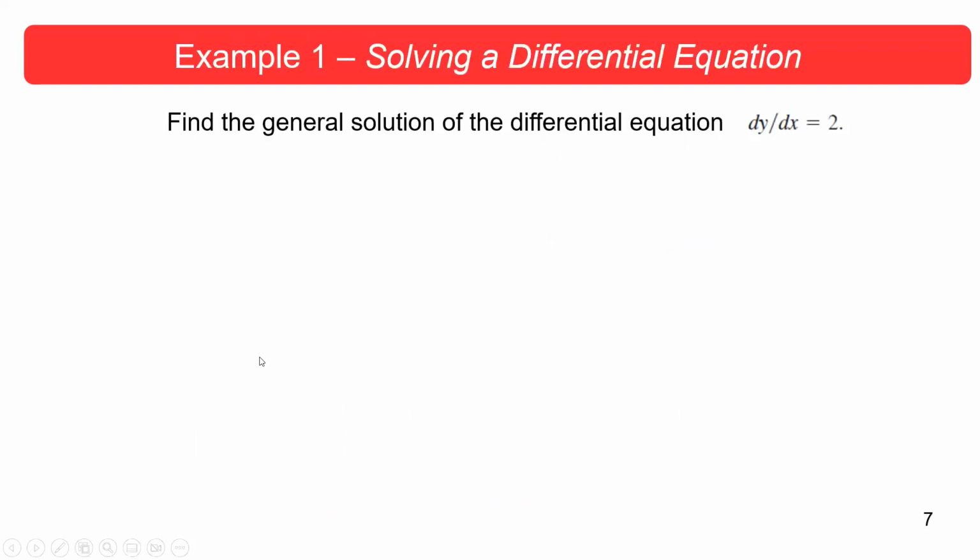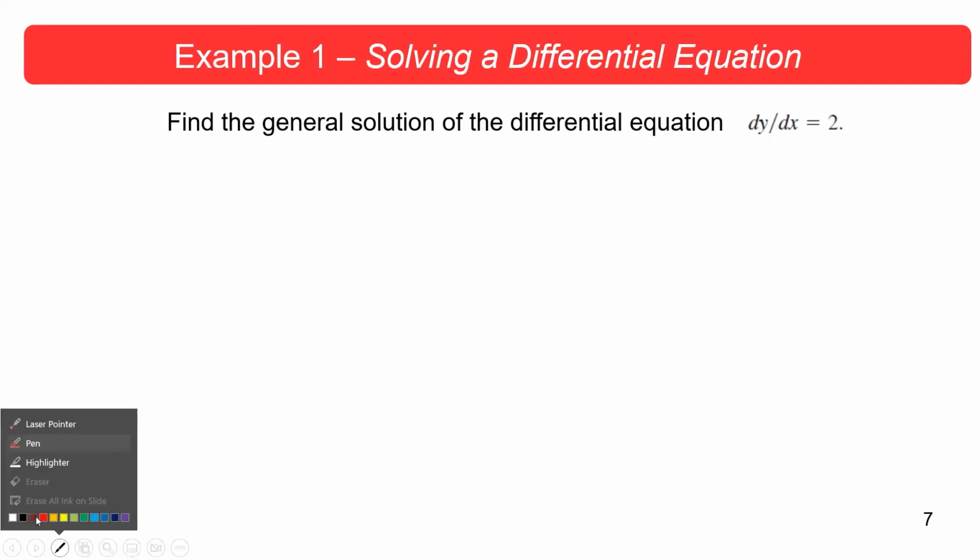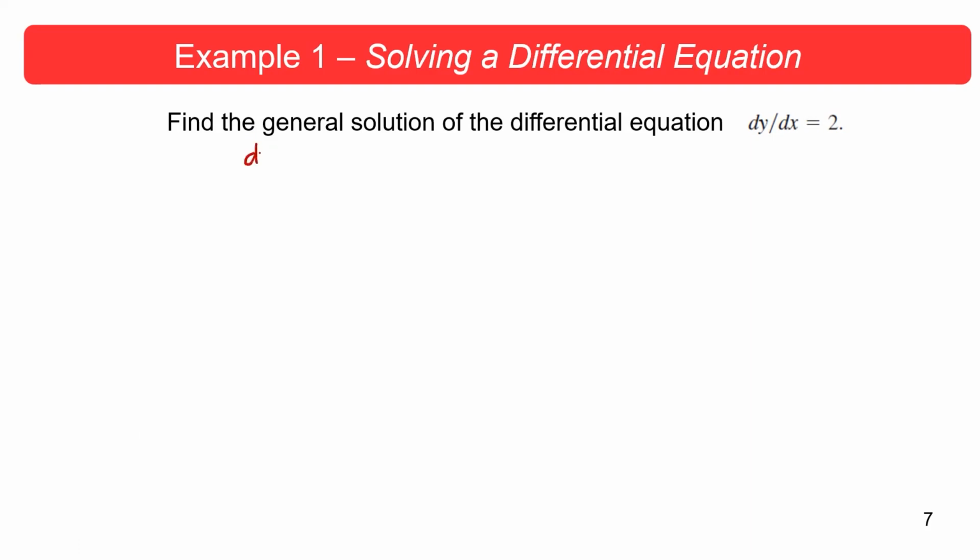So for example, find the general solution of the differential equation dy over dx is 2. So let's try solving. For this one, dy over dx is 2, we're more used to saying f of x is 2. As I said, the small f is the derivative. If I ask you, what is the antiderivative of that?